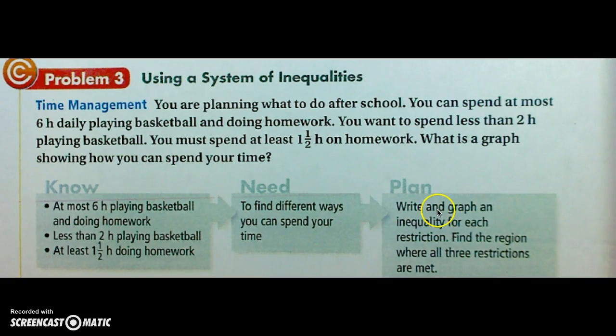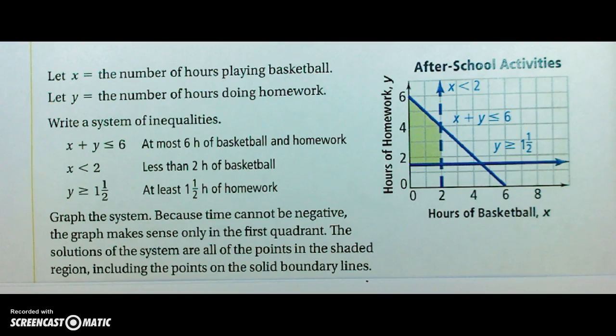Plan, write, and graph an inequality for each restriction. Find the region where all 3 restrictions are met. Let x be the number of hours playing basketball and y be the number of hours doing homework. Write a system of inequalities.